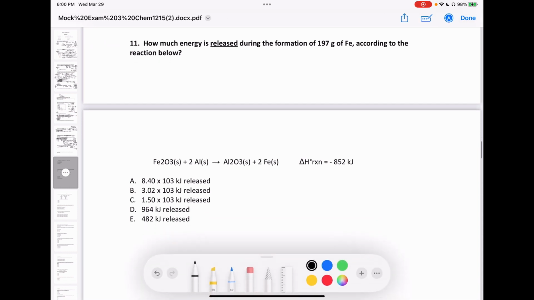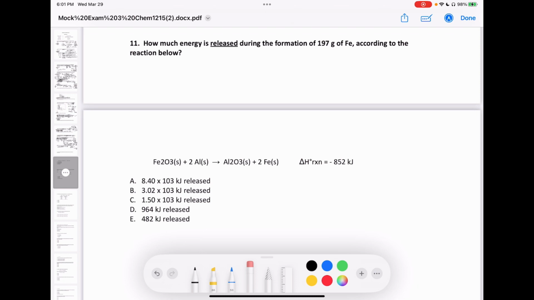How much energy is released during the formation of 197 grams of iron according to the reaction below? This is similar to the extension problem we just had above, but the first thing you want to do when you're given grams and you have a chemical formula is, for the most part, convert everything to moles.